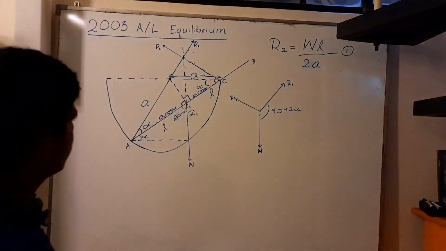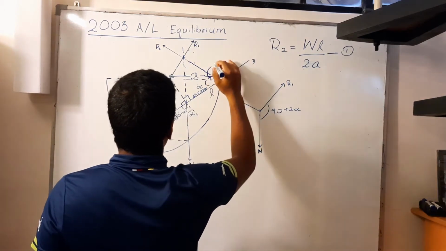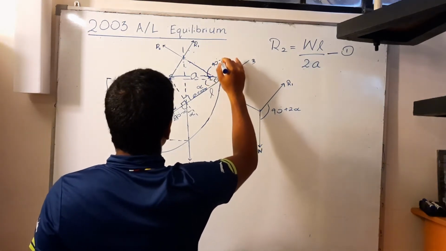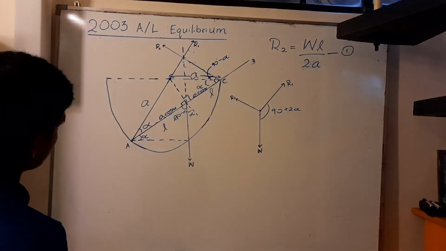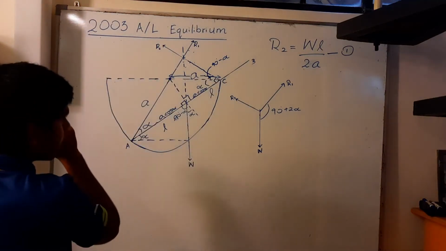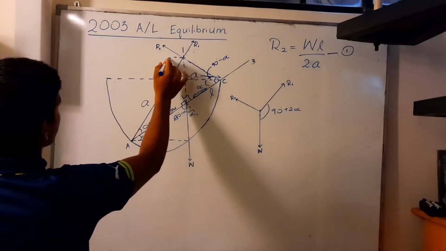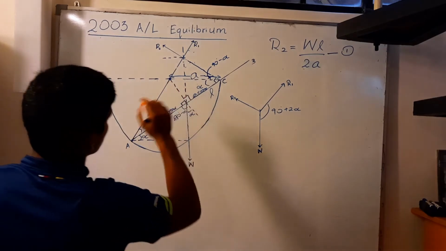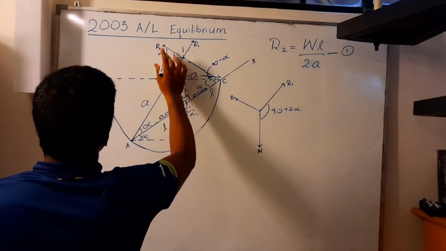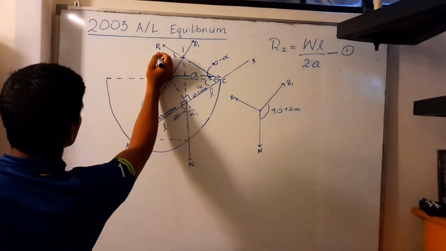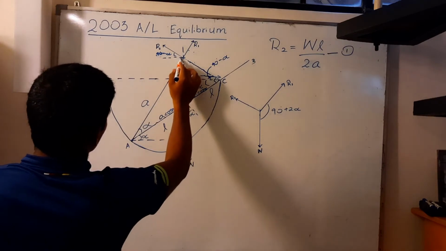And then as you can see, if this angle is alpha, this angle over here is going to be 90 degrees minus alpha. So therefore, again through the corresponding angles, this angle will be 90 degrees minus alpha, and obviously this is 90 degrees.